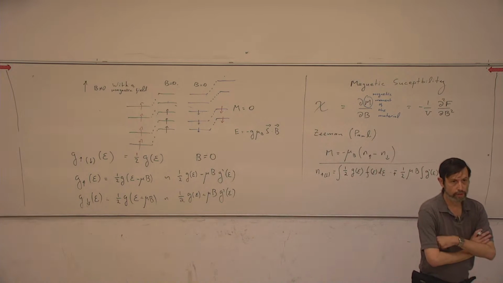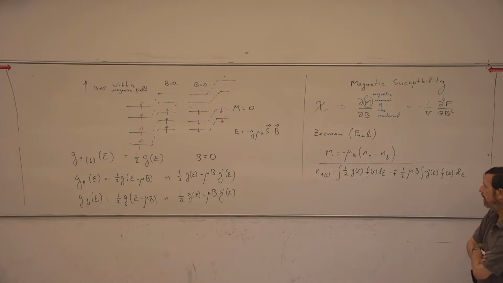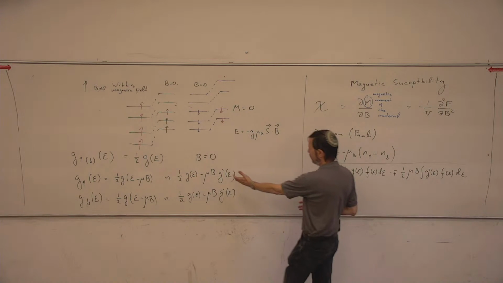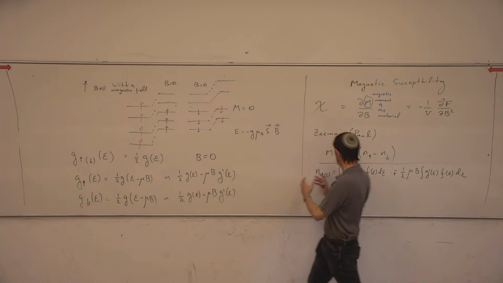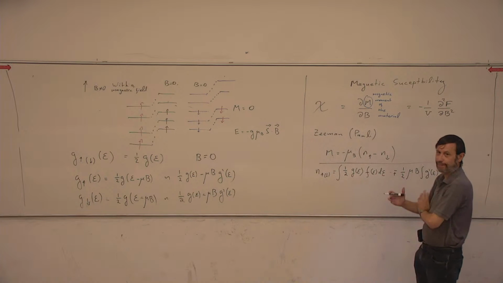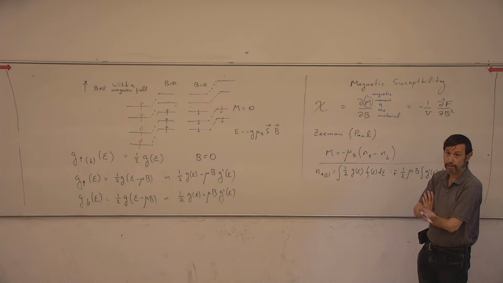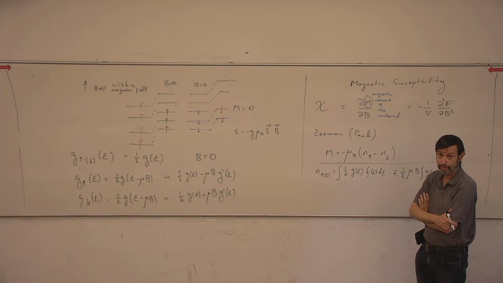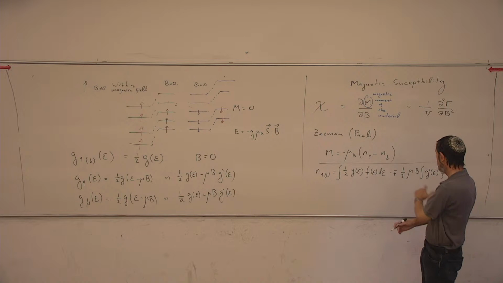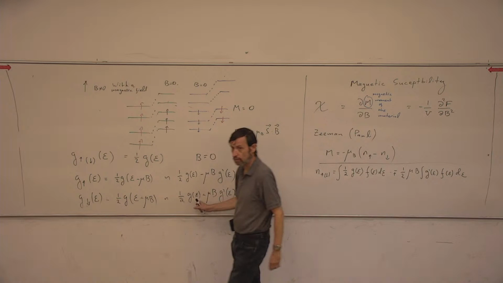So I just wrote a Taylor expansion and took the first term because B is small and put it in here and got the number of electrons in each direction. Minus plus because here is minus, here is plus.